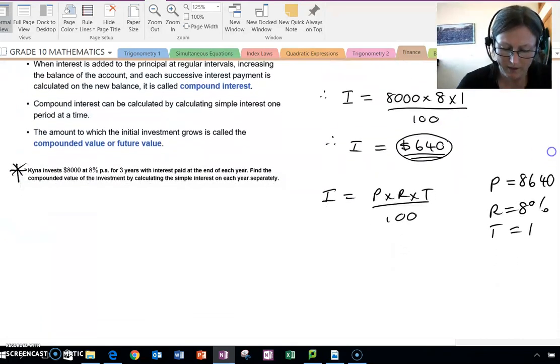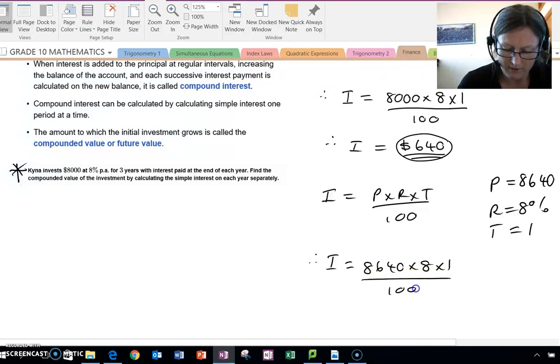So she's going to put that back in, and let's work out the interest on that. 8,640 times 8 times 1 over 100, and that gives us $691.20 interest. So that's the second year.